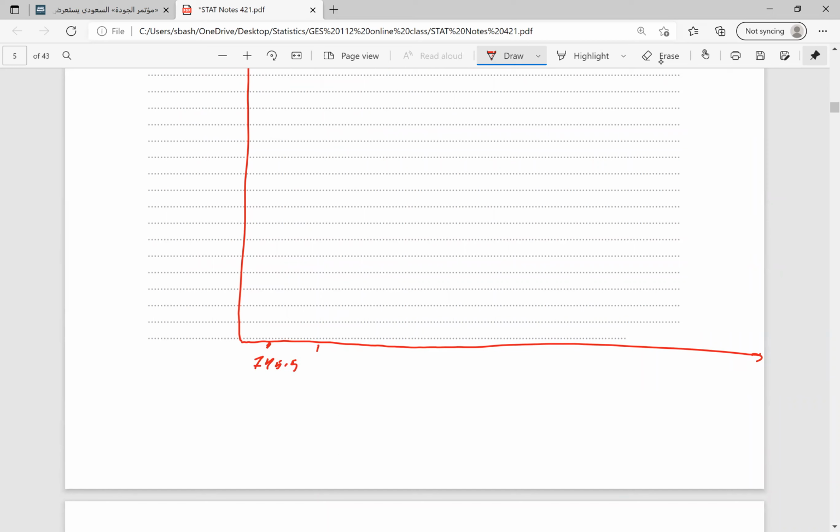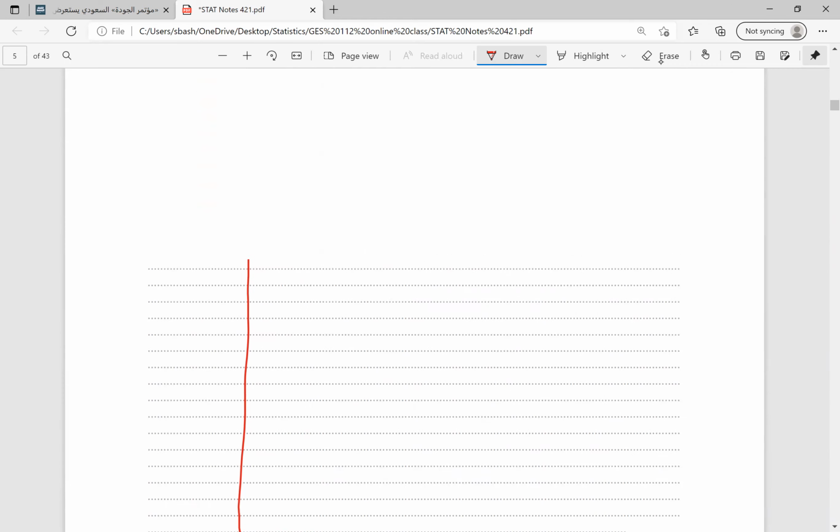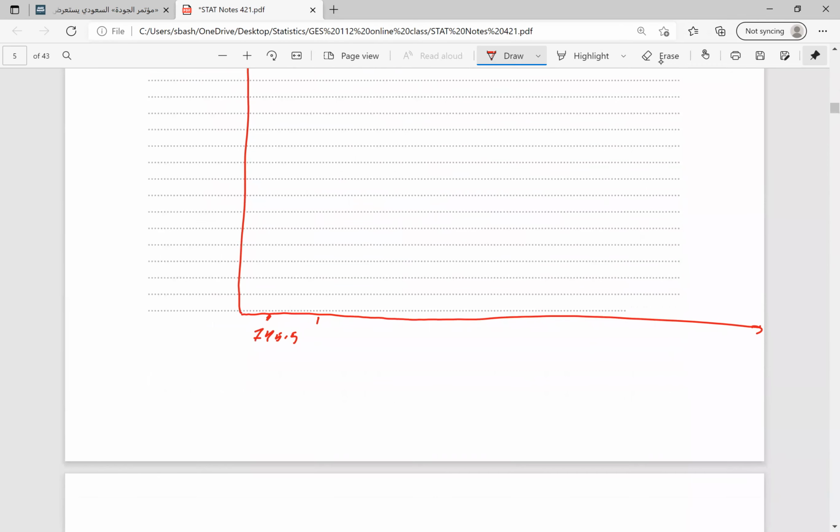745.5. Next one is we're adding 6 is 751.5. Next one will be 757.5. Next one will be 763.5.